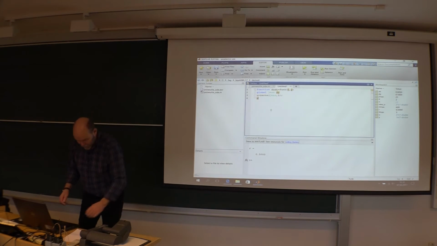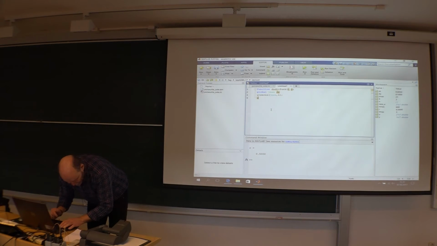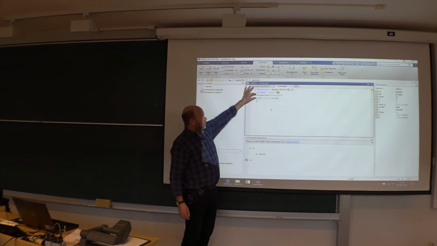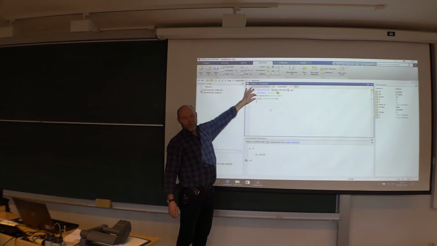So I have to say u from number 2 up to j max minus 1 should be equal to this y vector. Now I have a complete u field including the boundary conditions. Okay?